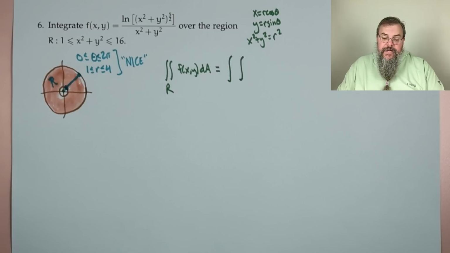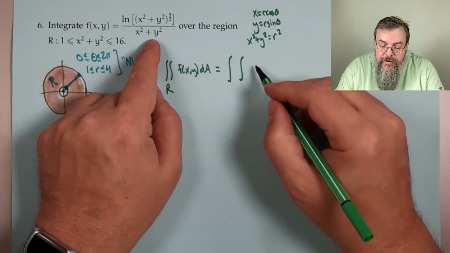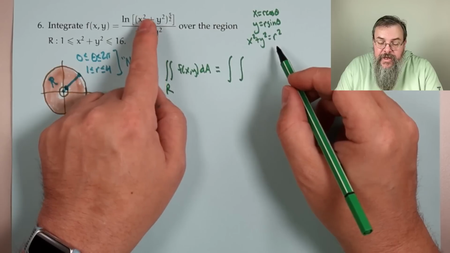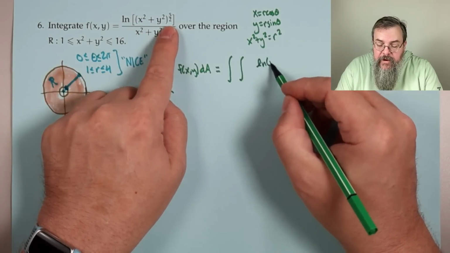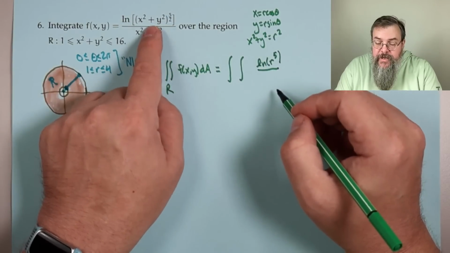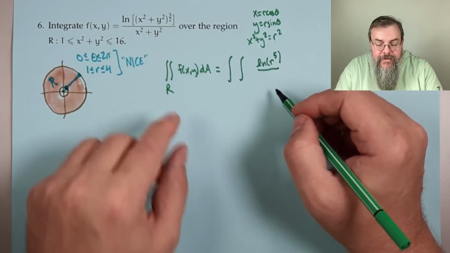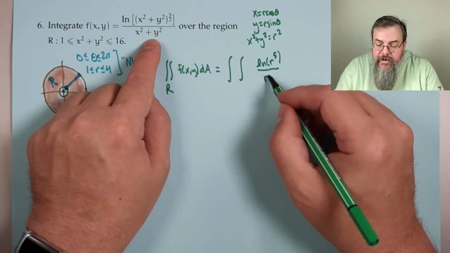Let's start with our function. Everywhere you see x squared plus y squared, put r squared. So notice you get r squared to the 5/2. That becomes log of r to the 5th, right? r squared to the 5/2, multiply 2 times 5/2. Downstairs, x squared plus y squared becomes r squared.